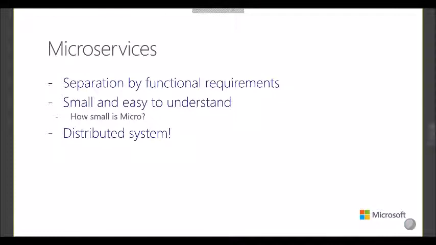There are others who say microservices can be much larger, and actually they can be whole programs with a lot of functionality. And some people claim Docker is a microservice, which I don't really believe. I say Docker is not really microservices.